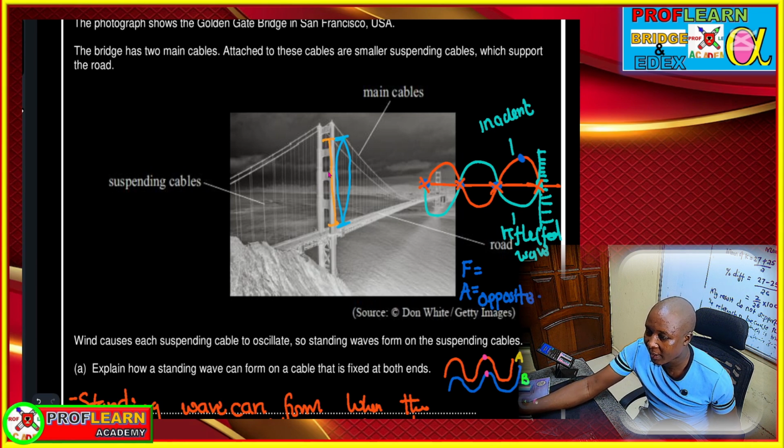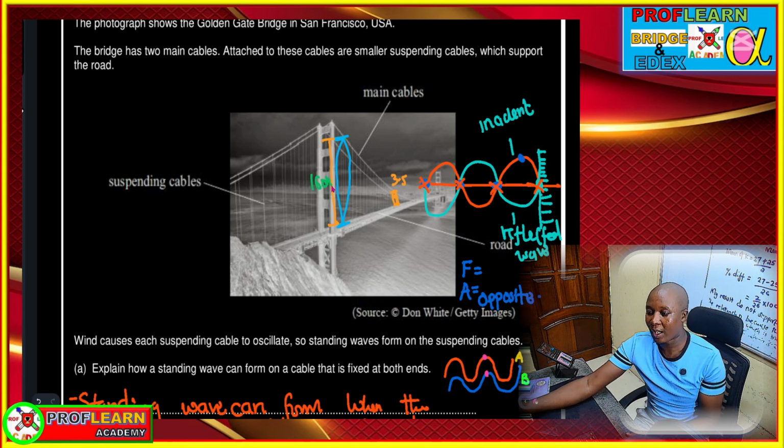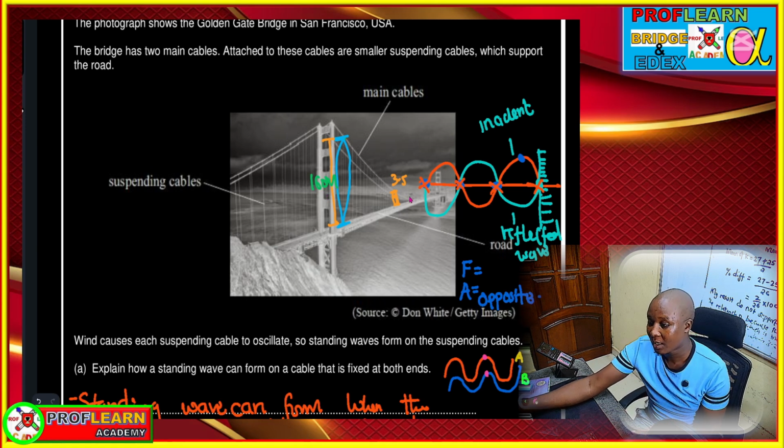We know the length of the wire was given as 3.5, the short wire at this end. On this end we have a wire of 160 meters, and on this other end we have a wire of 3.5.